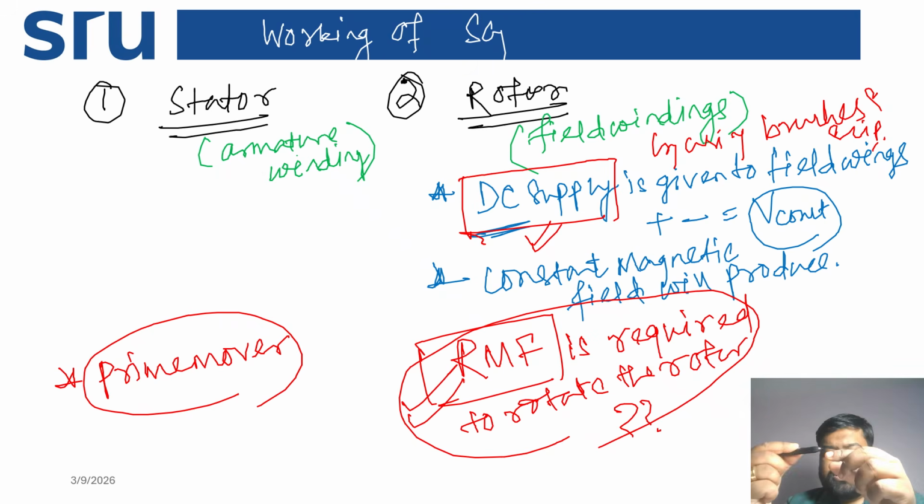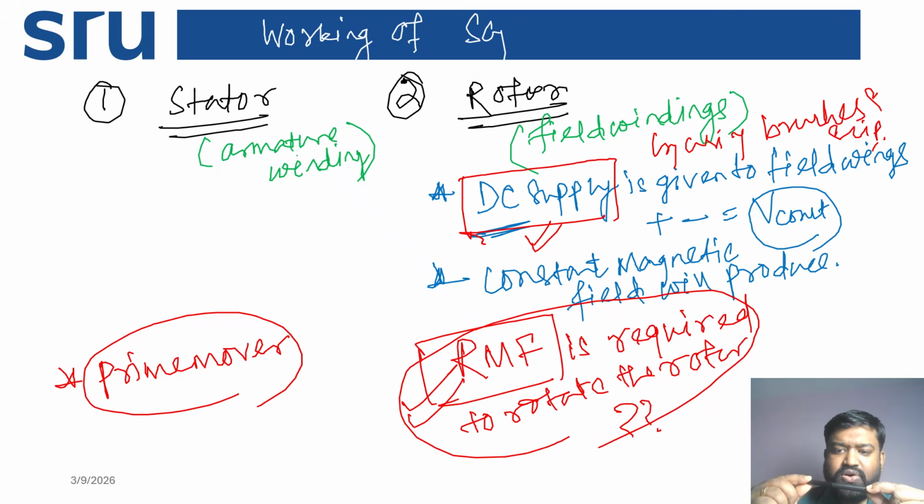Now you see this is the shaft, and there are brushes, through which you are giving the DC supply. Due to the DC, a constant magnetic field is produced, but you need a rotating magnetic field. How will you produce it? You need a prime mover.